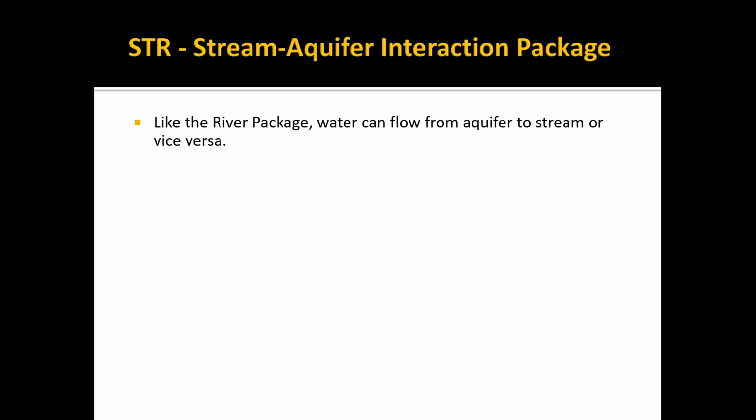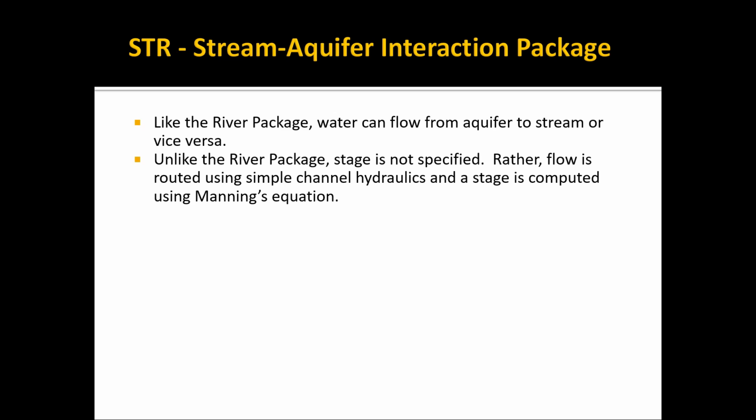You still have a conductance, you still have the river bottom elevation, and water can flow from the aquifer to the stream or vice versa. And the river can be disconnected from the aquifer if it gets deep enough, or it can be a gaining or losing stream. But unlike the river package, you do not input the stage.